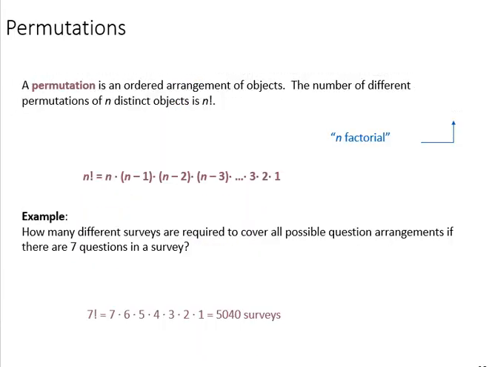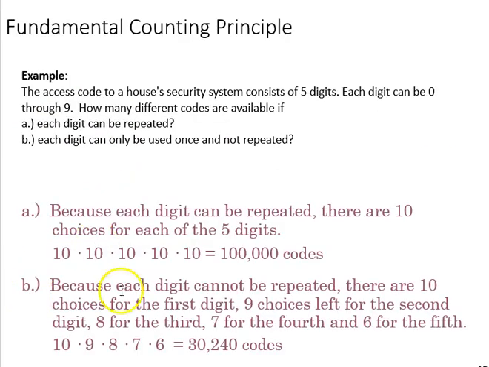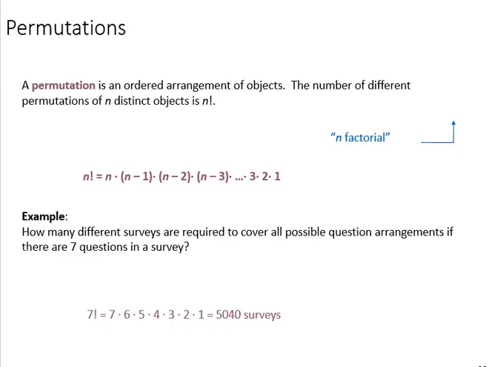So in that previous example, we saw a permutation, which is an ordered arrangement of objects. The number of different permutations of n distinct objects is n factorial. You can recall which of the examples had this characteristic, and that was the second scenario here, where we see this factorial design come in.